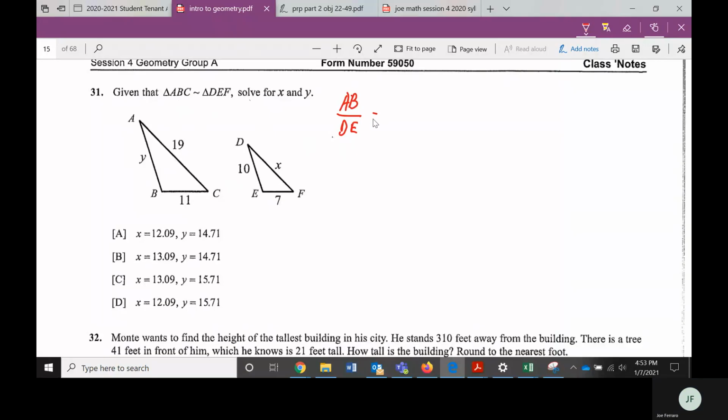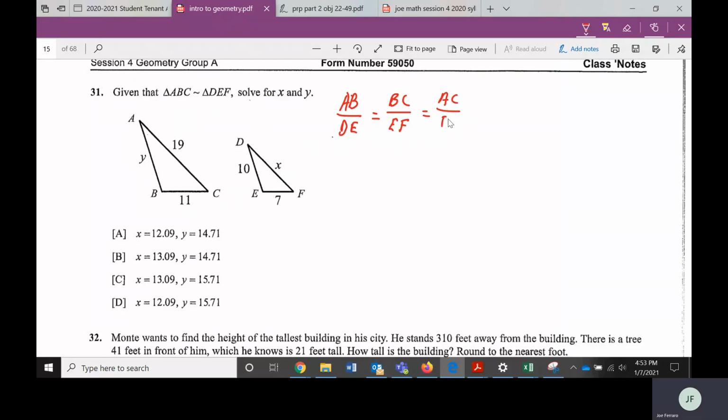Now BC looks like it would match up with EF. Even in the way it's written, BC is the second and third, EF is the second and third. And then AC looks like it matches up with DF.